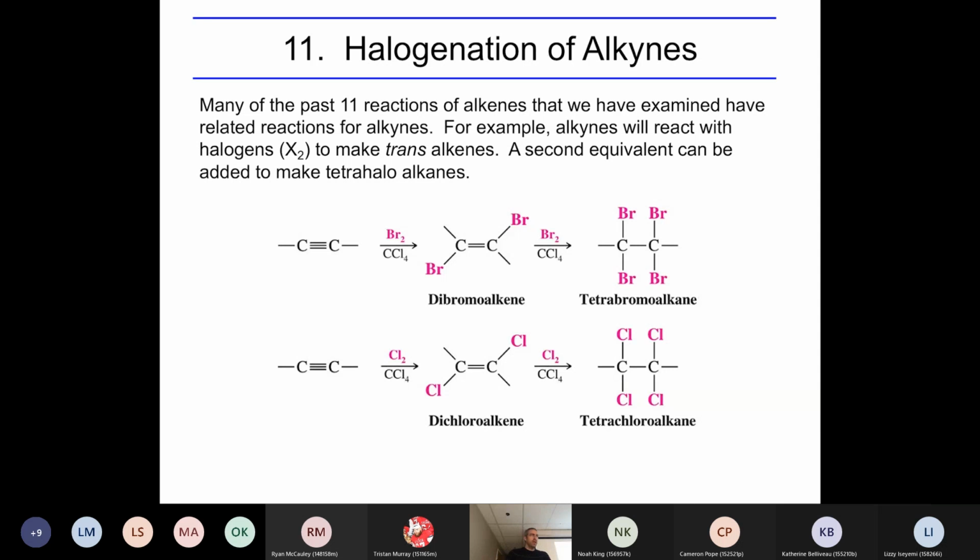So in chapter 8, all the reactions we've looked at so far have been addition reactions to alkenes. I guess we did some alkynes at the beginning with hydrogenation, but we did addition of hydrogen to alkenes, we did addition of HX, we did addition of water 3 different ways. We did addition of Br2 and water.